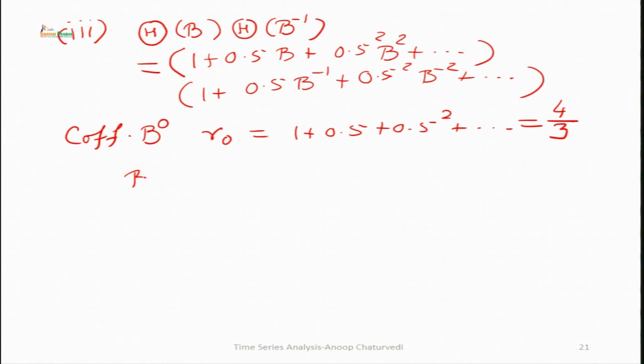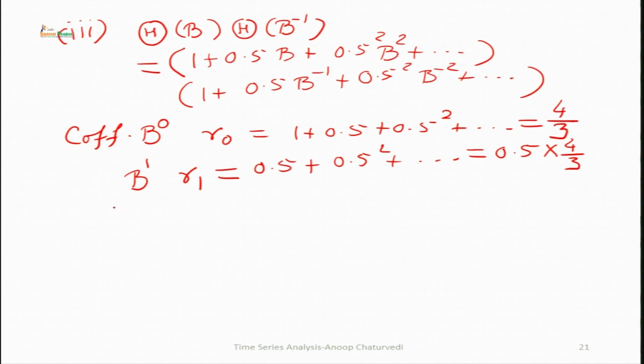Similarly, the coefficient of B to the power 1 will give you gamma 1, which is equal to, say you multiply this term 0.5 B by 1, 0.5 square B square by 0.5 B inverse, and finally you obtain again the geometric series, and the sum of this geometric series is 0.5 into 4 by 3.